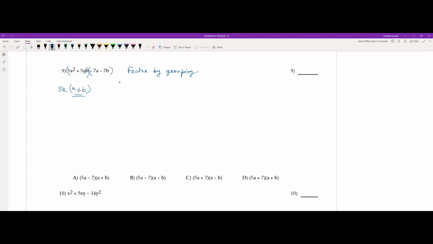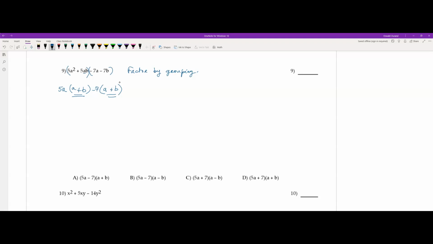So therefore, I'm going to factor out the negative 7, and then I'm going to have a plus b, okay? All right, so we discussed this before, right, in one of the examples. So we know 5a times a plus b is one term, and negative 7 times a plus b is another term.